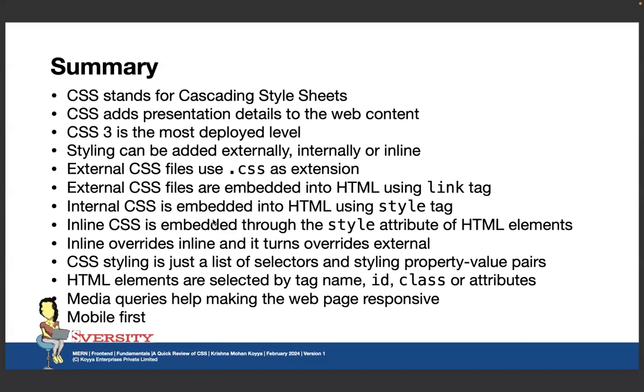For an external CSS file, .css is the extension, and you use the link tag to embed that in the HTML document. If you want to use internal CSS, you'll use the style tag in the head section. For inline CSS, you'll use the style attribute this time in any of the HTML elements of your choice. The inline styling overrides internal, which overrides external. That is what we mean by cascading.